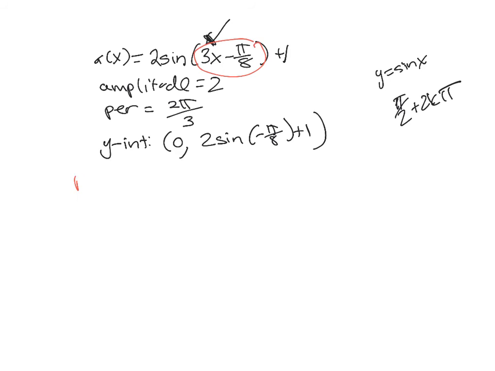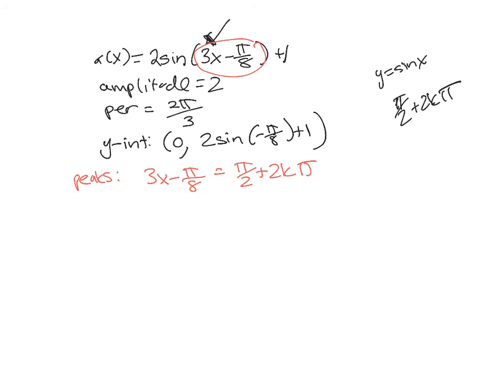To do that, for the peaks, I'm going to set what's inside my trig function equal to pi over 2 plus 2k pi. And we're going to solve for x because this will be the new representation of where the peaks occur.